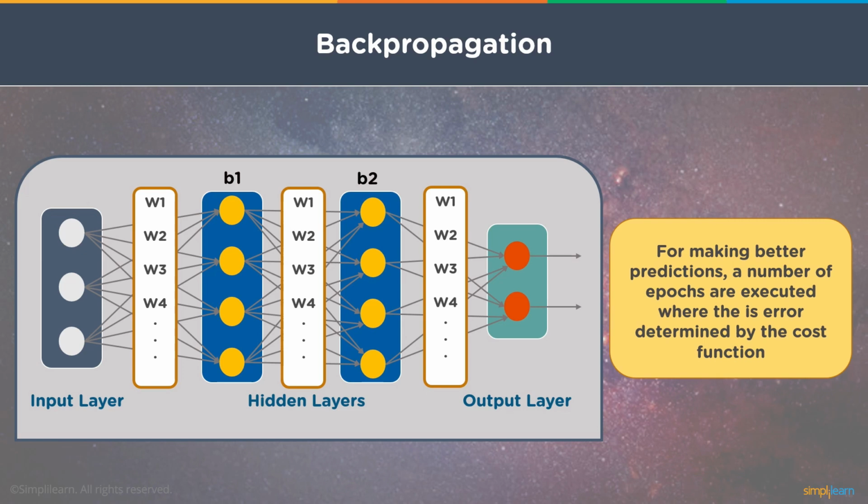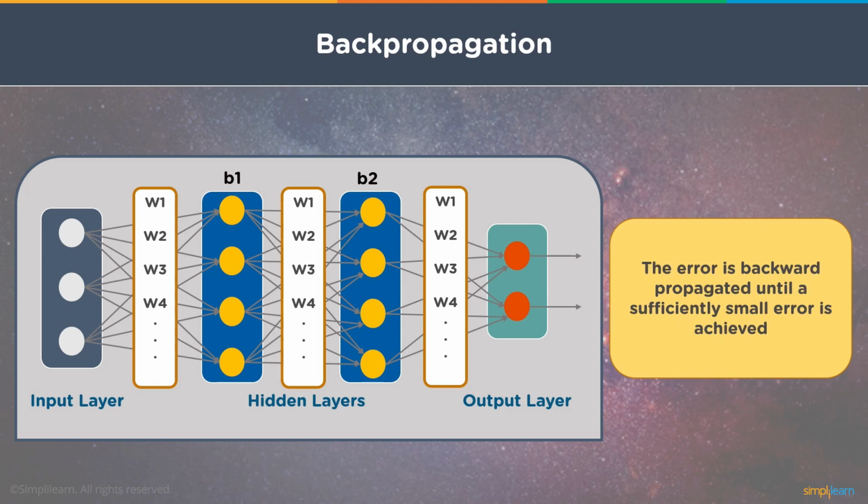It's the lowest error you can get. So each time you go through a full set of data, before you repeat and go through the same data, that's called an epoch. The error is backward propagated until a sufficiently small error is achieved.